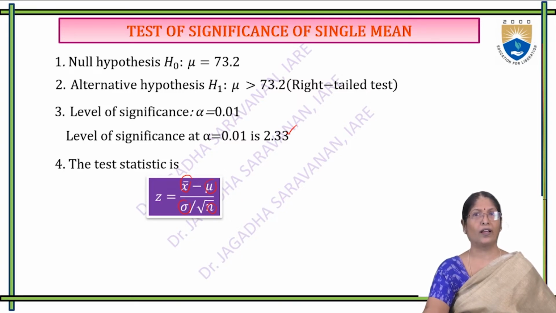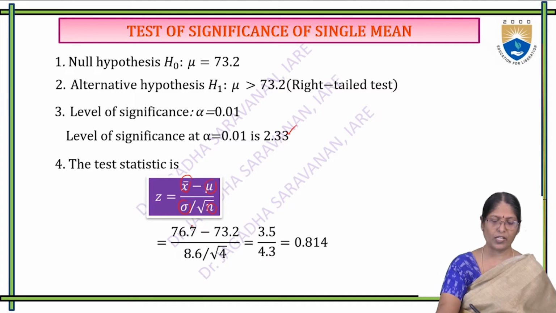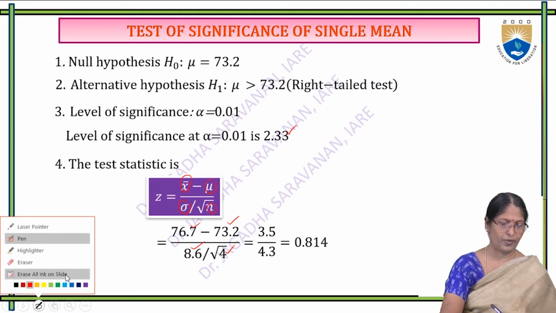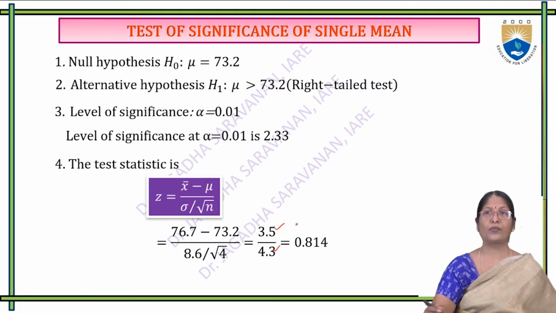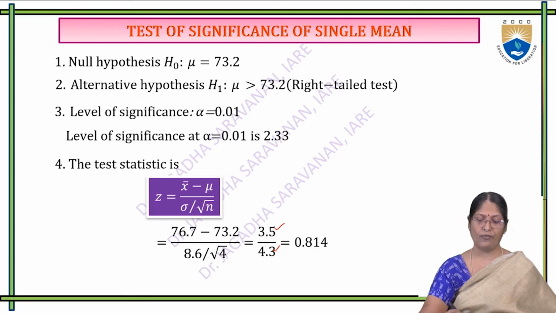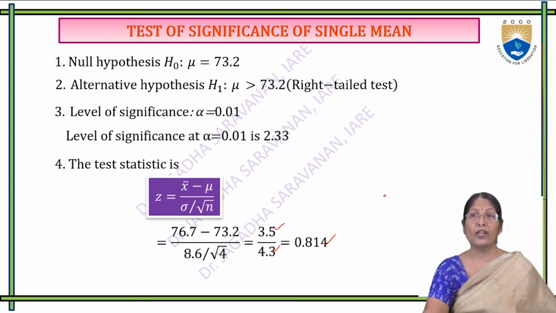All the data are available, so they are replaced at the respective places: x bar as 76.7, mu as 73.2, sigma as 8.6, n as 4. We did the calculation: the numerator is 3.5, the denominator 4.3, and the final result 0.814.